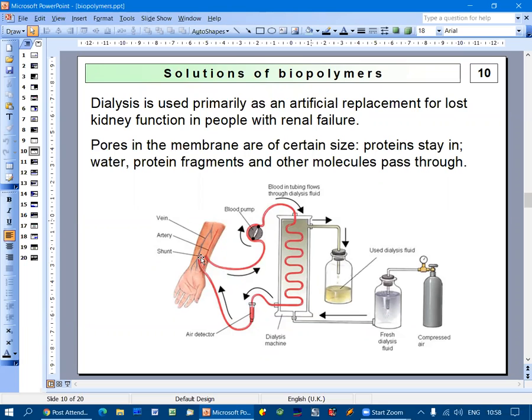The blood is removed from the body and then passes through the dialysis machine, through this artificial kidney.